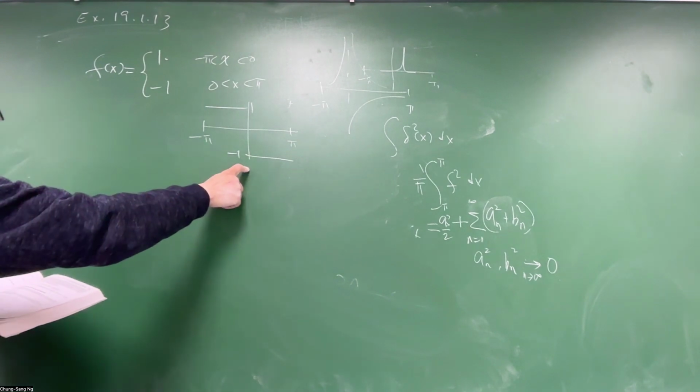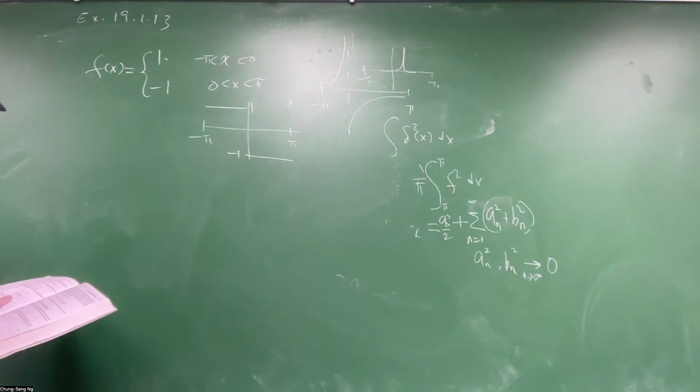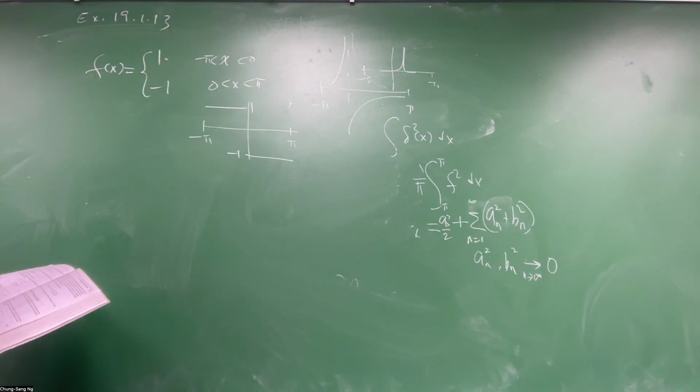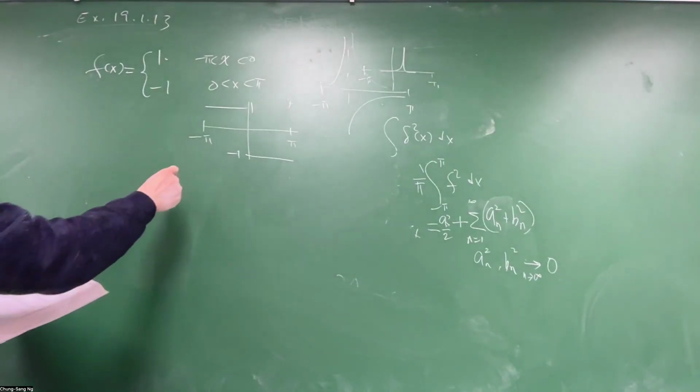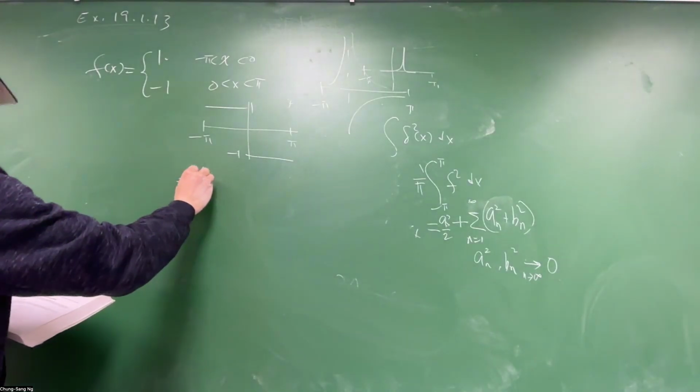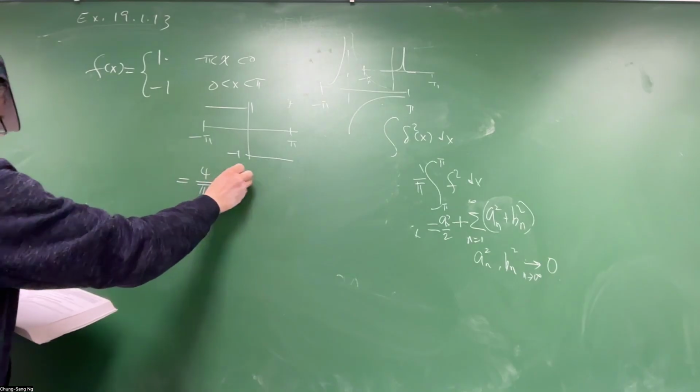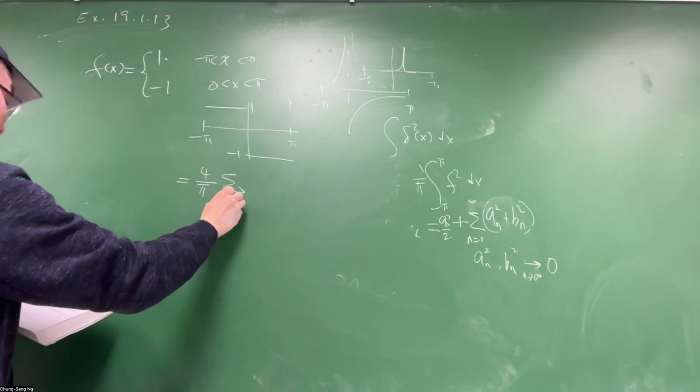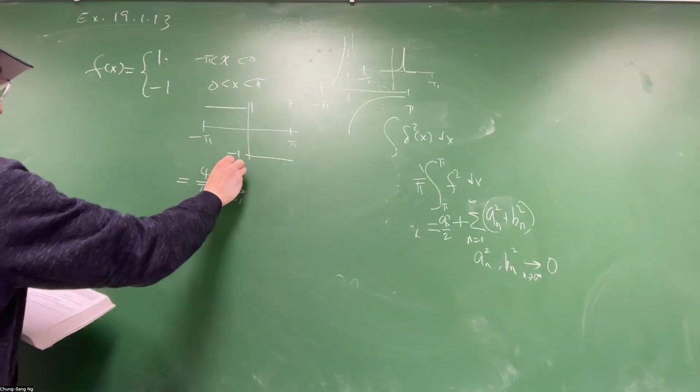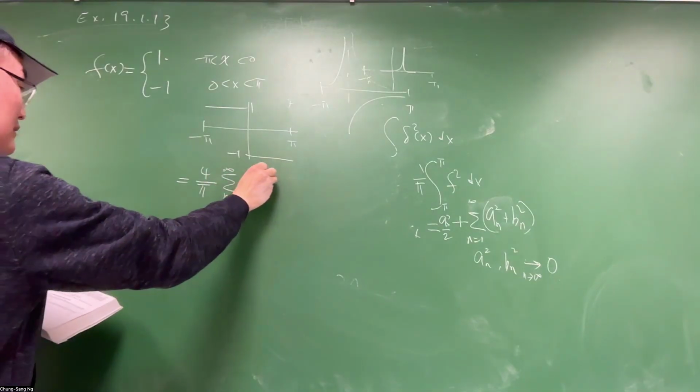Now, I may actually give you the final formula for the Fourier series, which is strict. Even if not given to you, this is straightforward. You can work out this Fourier series quite easily.